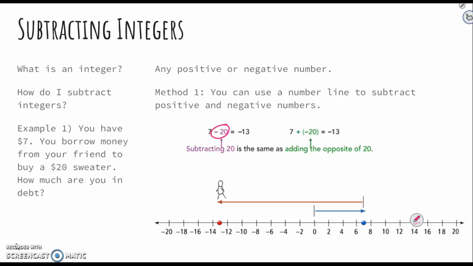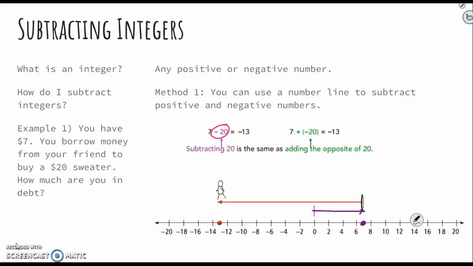Now again, we can use our number line to answer this question. So as you can see, we started at 0. From 0, we went over to 7, which was our first number, and we plotted that point on our number line. From here, we stop and we turn around.